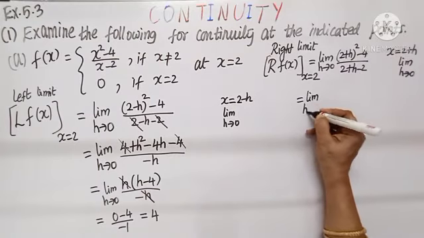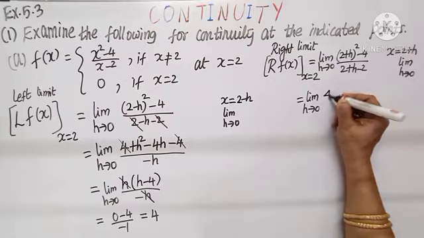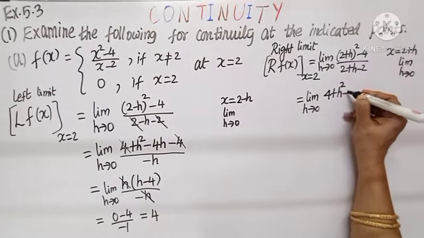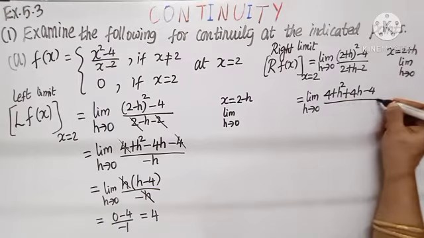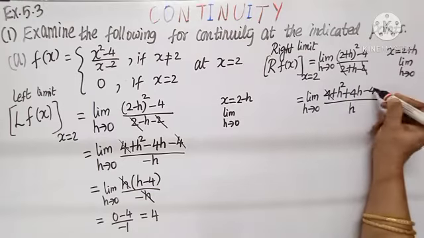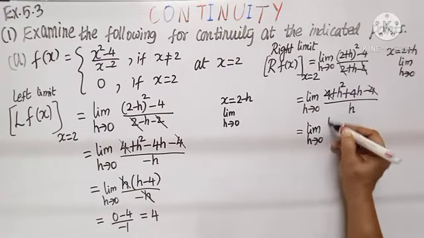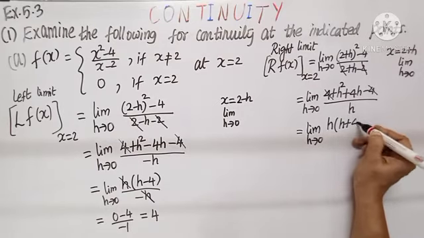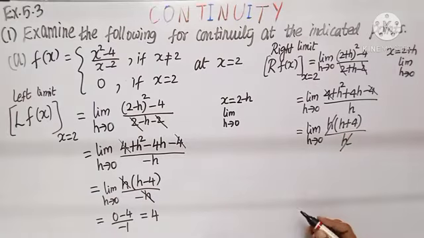Limit h tends to 0. Expand it. It is a plus b the whole square: a square plus b square plus 2ab minus 4 divided by 2 plus h minus 2, which is h. 4 and 4 cancel. In the numerator, h is common and I am left with h plus 4. h and h will get cancelled.